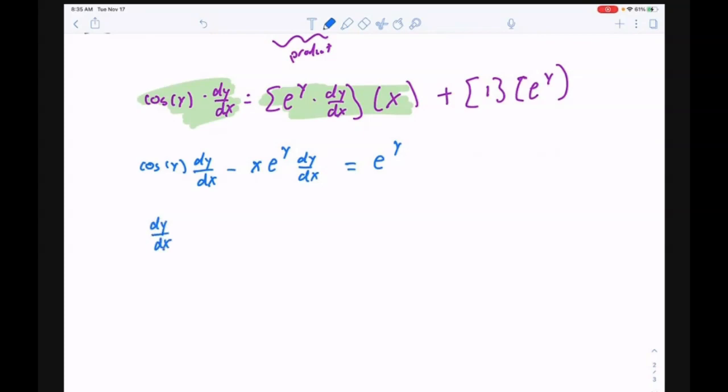And the final step is basically the same thing we do every single time. Factor out that dy dx and then divide.